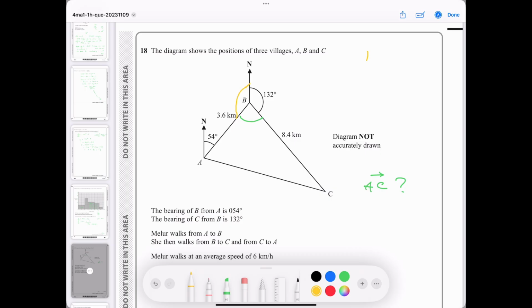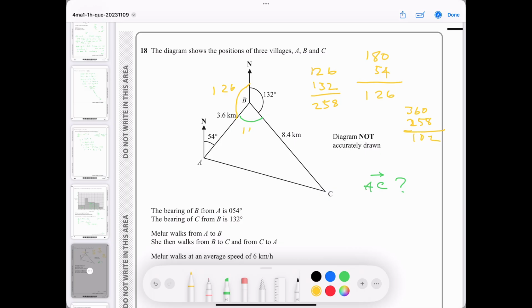So 180 minus 54 is 126. So 126 plus 132 is 258. And if we take 258 away from 360, we get 102.